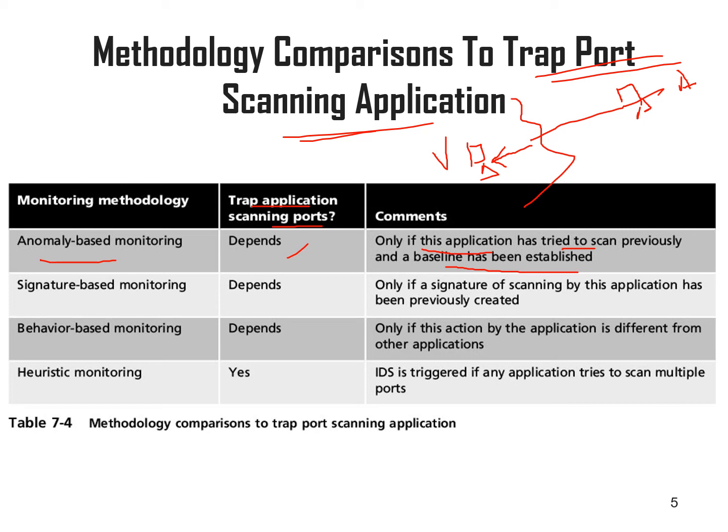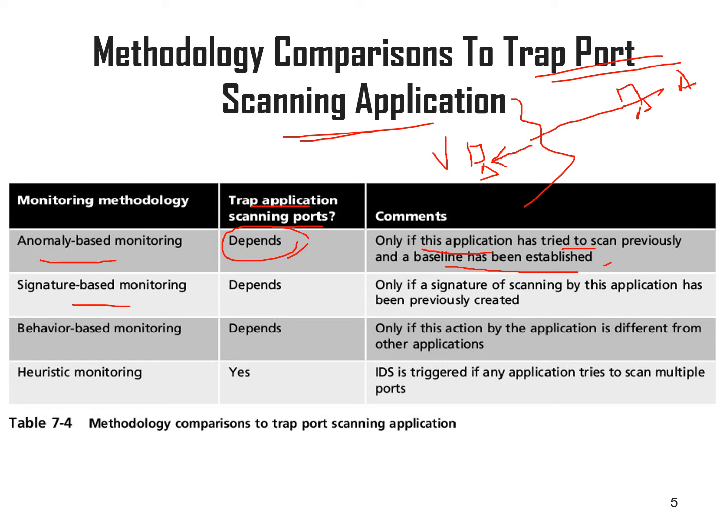As we know, anomaly-based monitoring detects an attack by comparing it with the baseline that has already been established. So it depends upon the baseline.